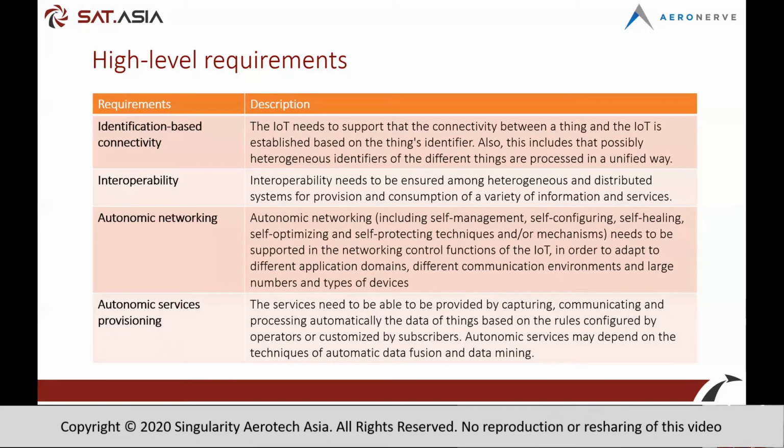Heterogeneous I already explained. It's the requirement that makes sure you are able to work with other systems.